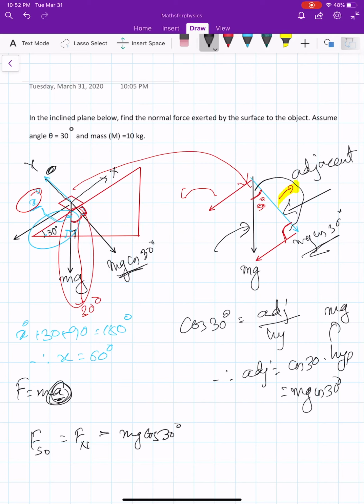If the normal force is not equal to mg cos theta, there will be some net force on the object, and then this object should have moved in the y direction, which is not the case, right? So this is the normal force.